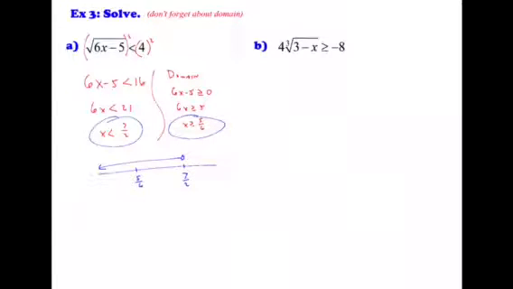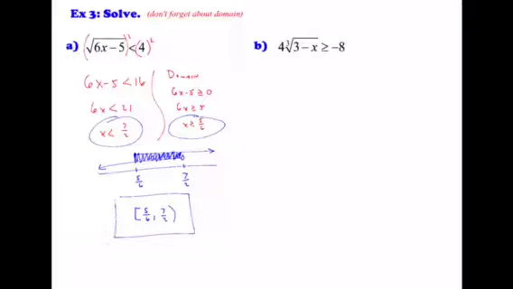Those are the ones that solve it, but your domain only includes values that are greater than or equal to 5 sixths. So what are your solutions for x? Anything in between those two, including the 5 sixths, but not the 7 halves. So your solution is all values greater than or equal to 5 sixths and less than 7 halves. And write that in interval notation.